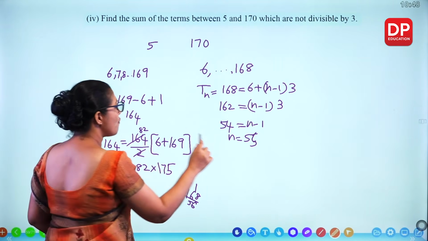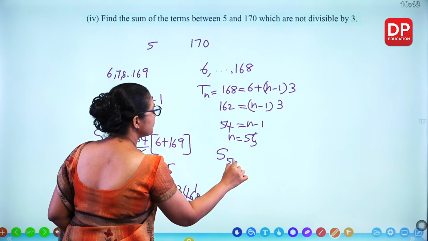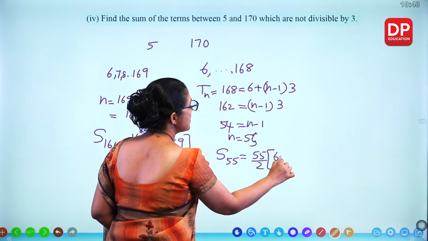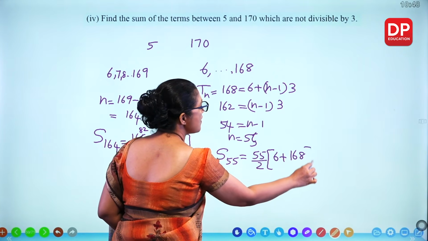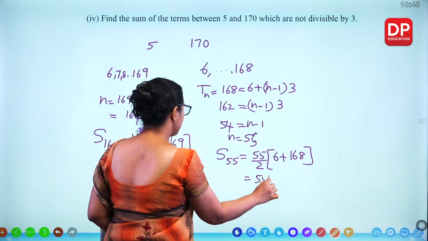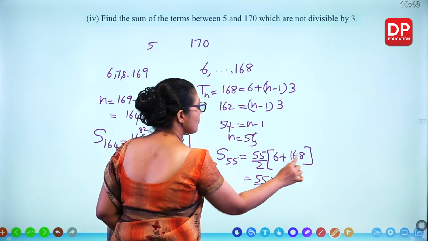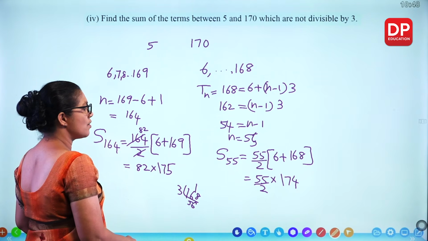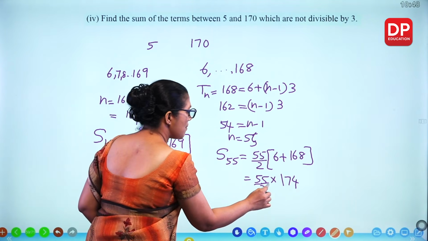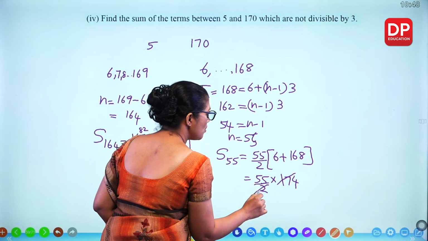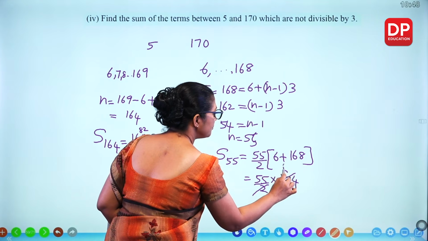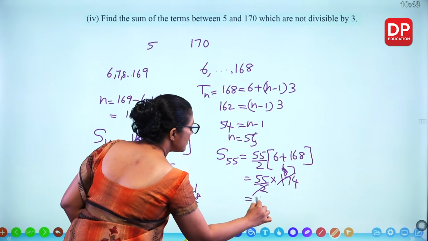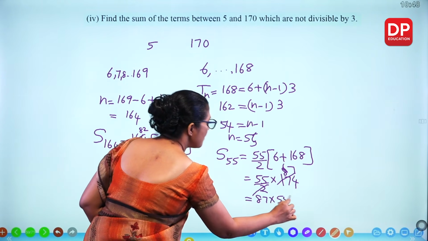So what's the sum of all 55 terms? 55 over 2, first term is 6 and last term is 168. So what's that number? 174 times 55 divided by 2. When we divide by 2, 87 times 55.